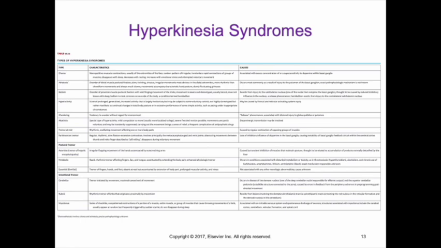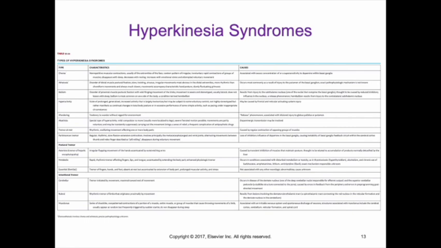You can see here there are different types of hyperkinesia syndromes. Again, remember this is an umbrella term that chorea will follow underneath, and this is the non-repetitive muscular contraction of the face. You also see random patterns of irregular, involuntary, rapid contractions of groups of different muscles, and it disappears with sleep.